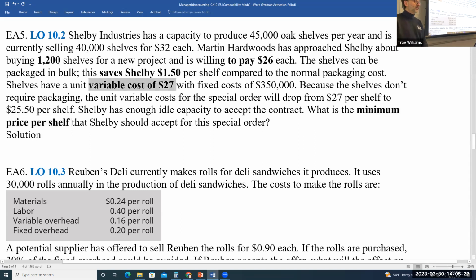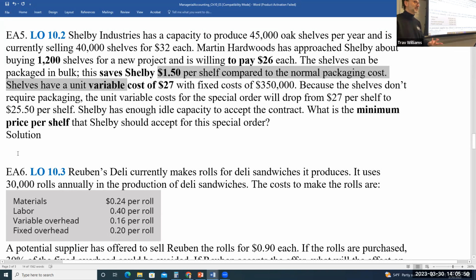If we say normally there's a variable cost of $27, but we're going to save $1.50, that means we can sell these units at $25.50. That would be the lowest, because anything lower than that, then we're losing money. Now we're only breaking even at $25.50.